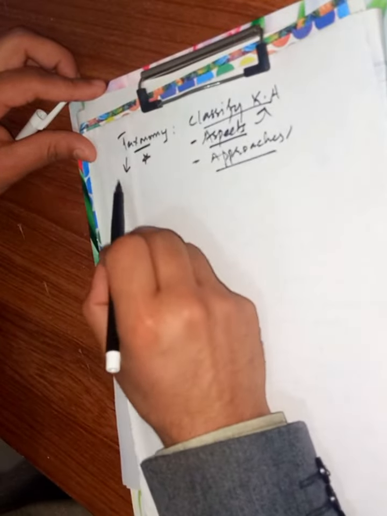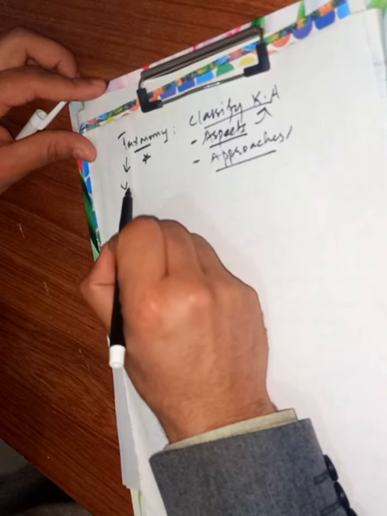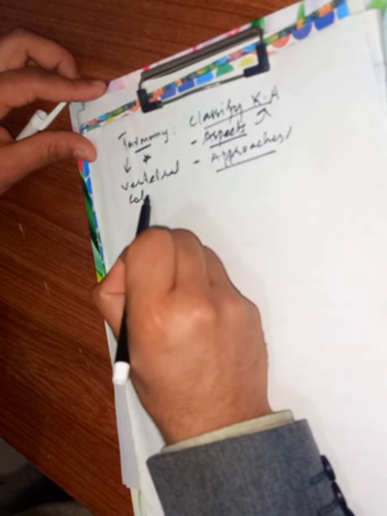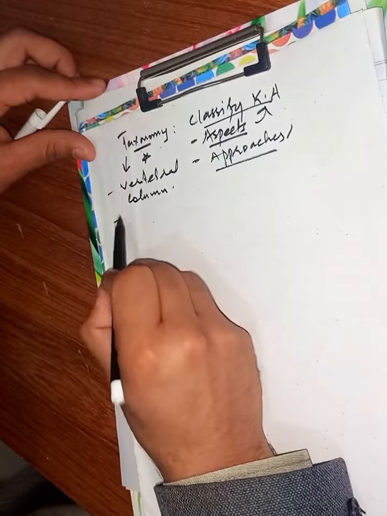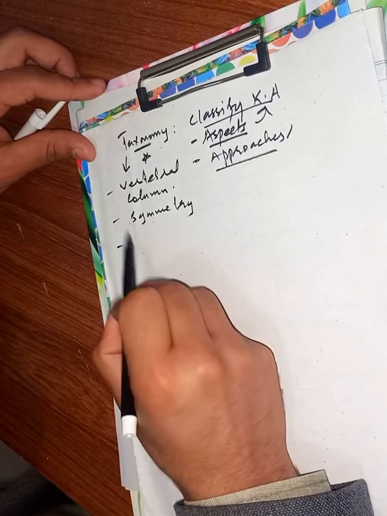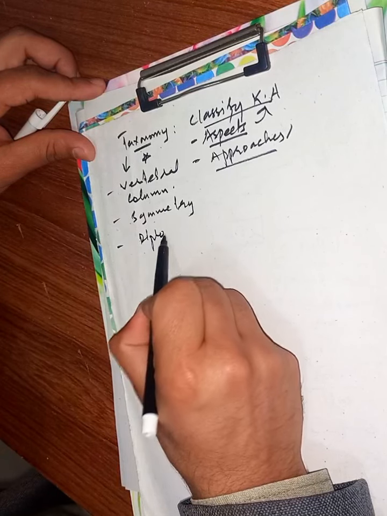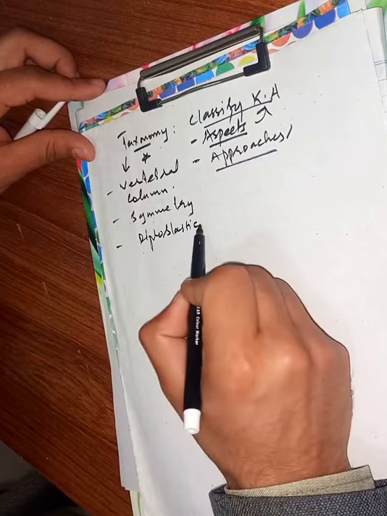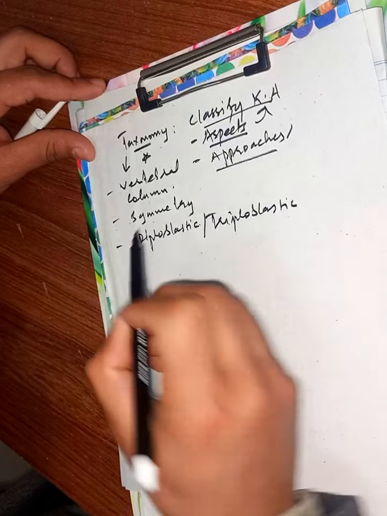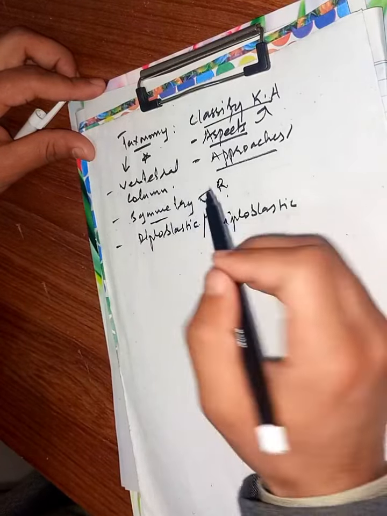It could be whether this phylum or this animal contains a vertebral column or not, or what type of symmetry it has, whether it is diploblastic or triploblastic, I'm talking about the body plan. Similarly, you can say whether it is radially symmetrical or bilaterally symmetrical, and whatever.